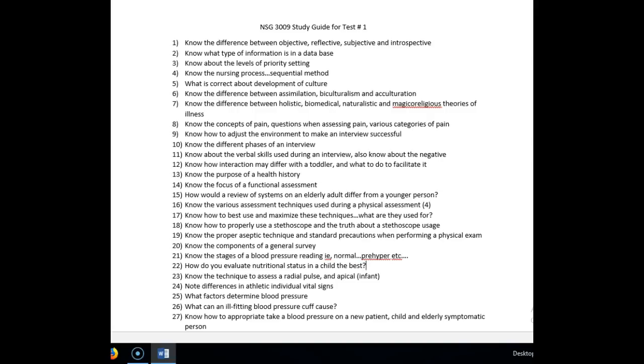What I want y'all to know is when you are weighing a person, make sure that you use a standardized balance scale so that it's correct and it's on 0 when you first start.